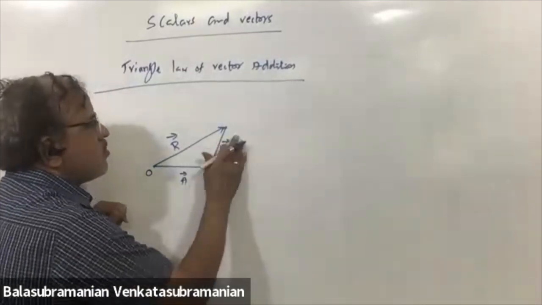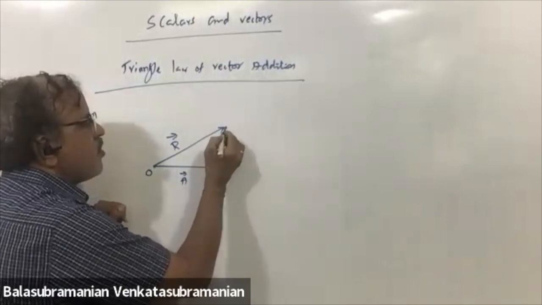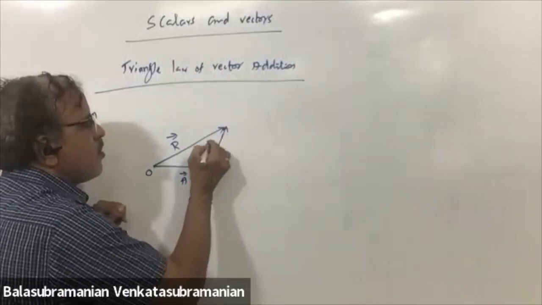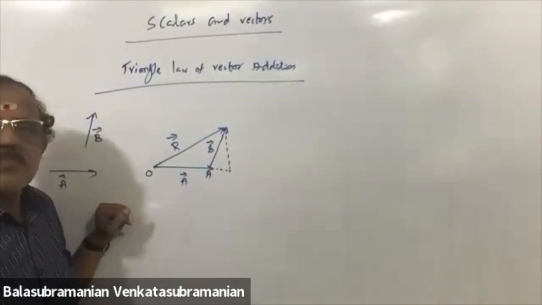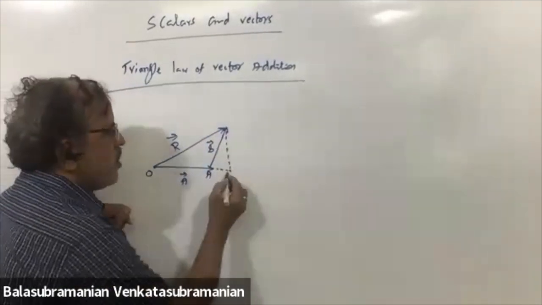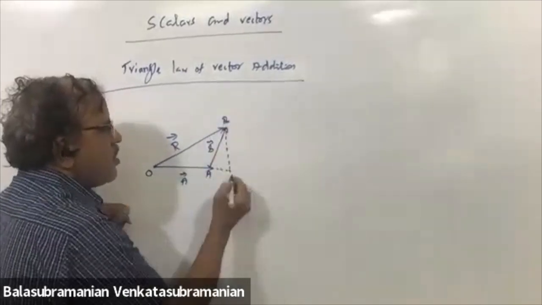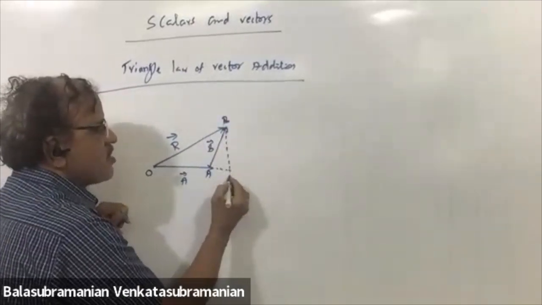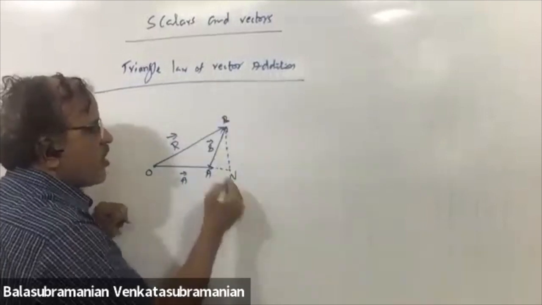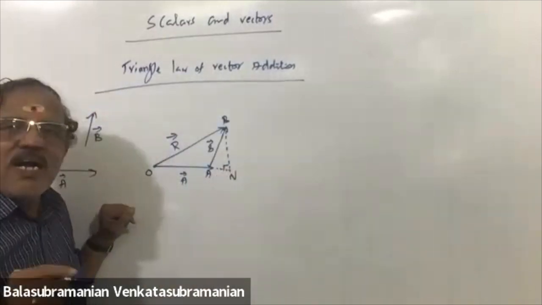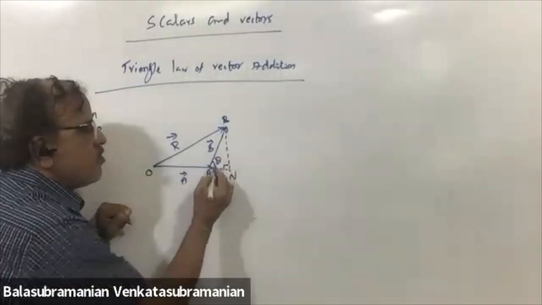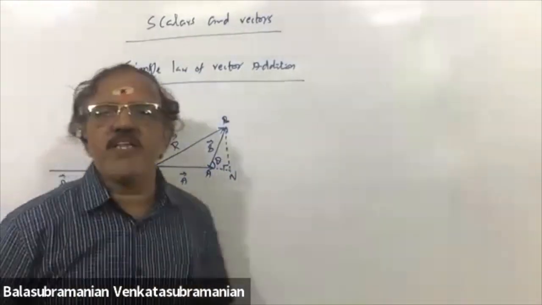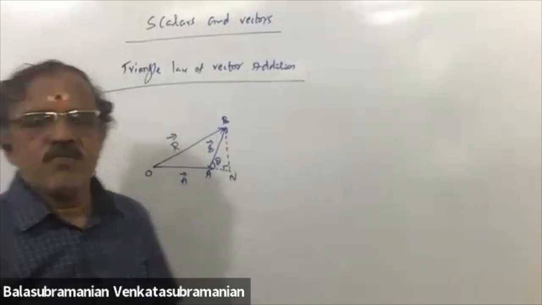A. This is the A vector. This is B, this is N, perpendicular. The angle between A and B, take it as theta. The angle subtended between the two vectors, you take it as theta.